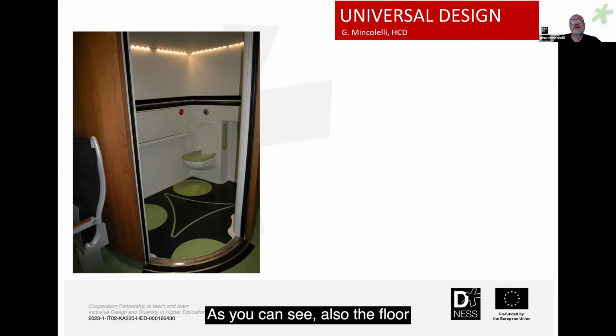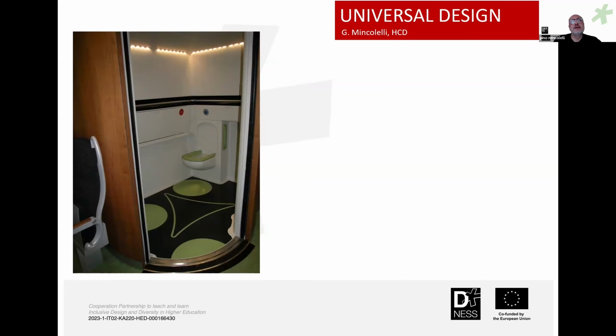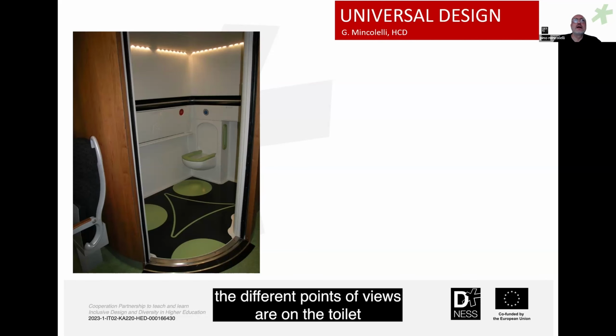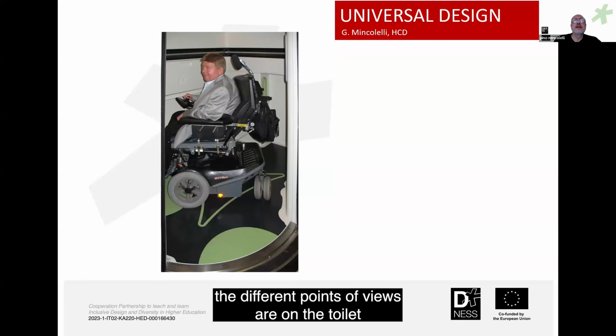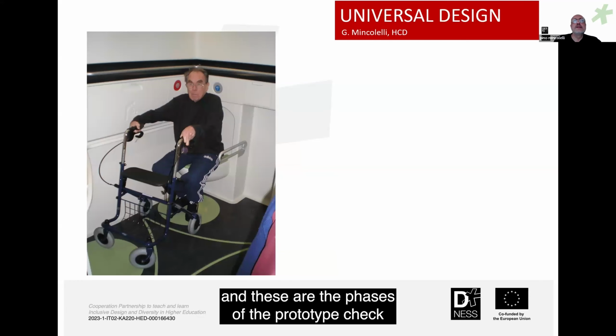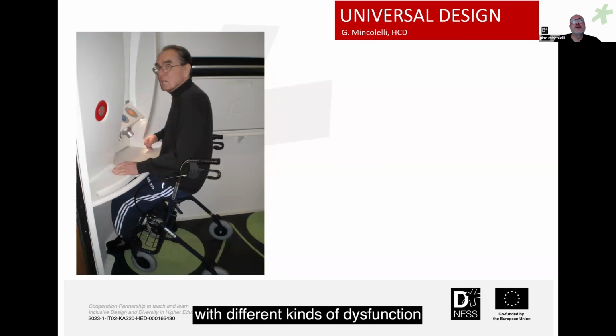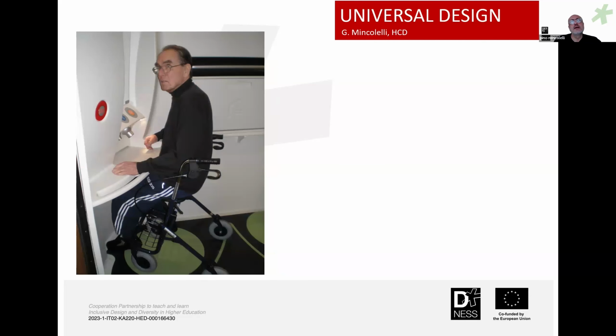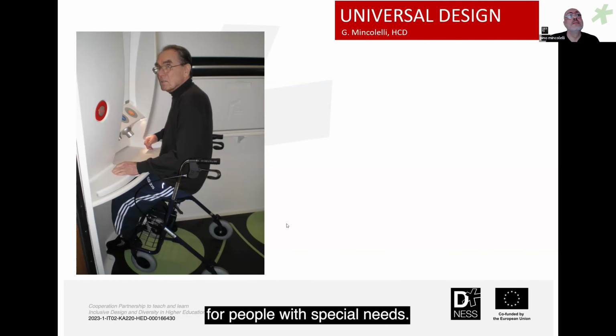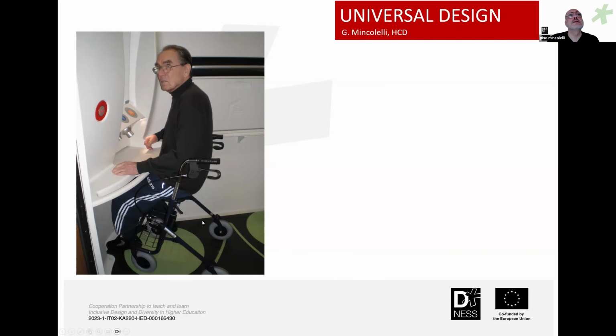As you can see, also the floor is used to clarify where the different points of view are on the toilet, and these are the phases of the prototype check with different kinds of dysfunction and tools and devices for people with special necessities.